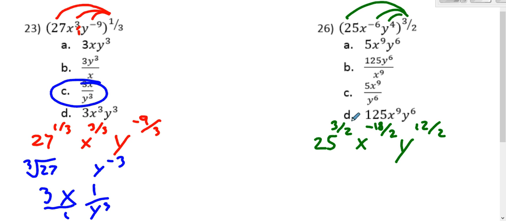So 25 to the 3 over 2. That means square root of 25, and then to the 3rd power. So that's 5 to the 3rd power, which is 125. -18 divided by 2, that's -9.